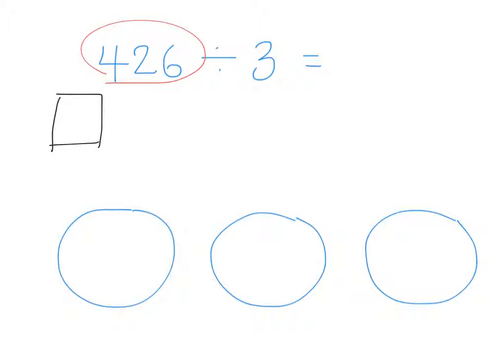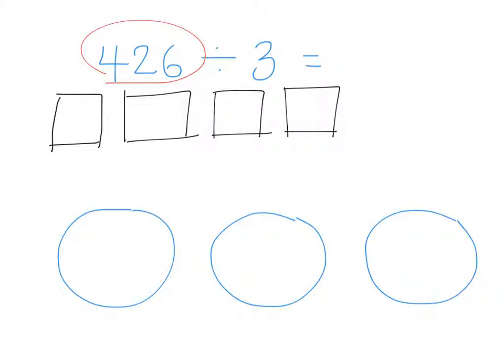Does that represent 100? Yes. Okay, so I have 4 hundreds, 4 of those. Then I drew 2 of those bars, the rods, the rods that represent the tens. Okay. And I drew 2 of those because they're 20. And then I drew 6 little cubes that represent the 6. Very nice.